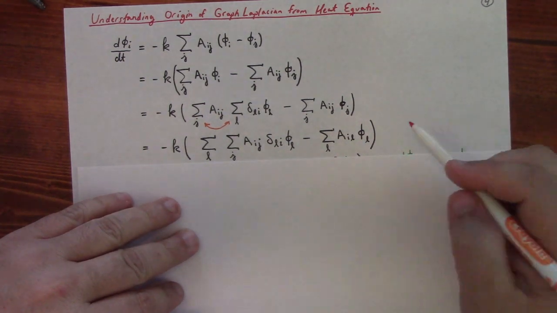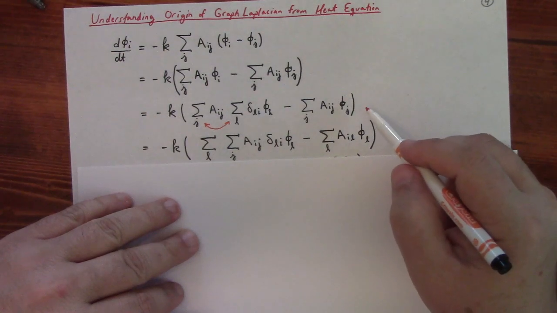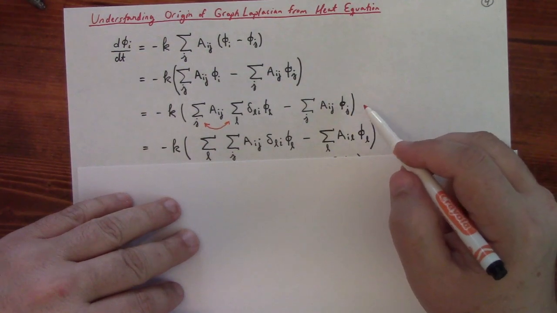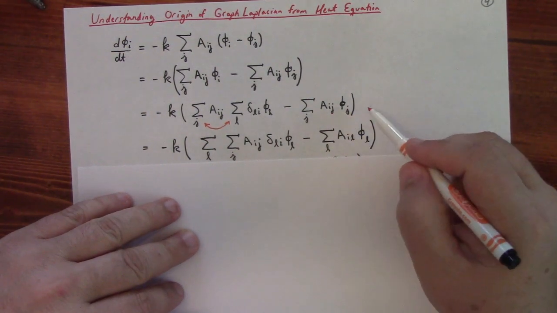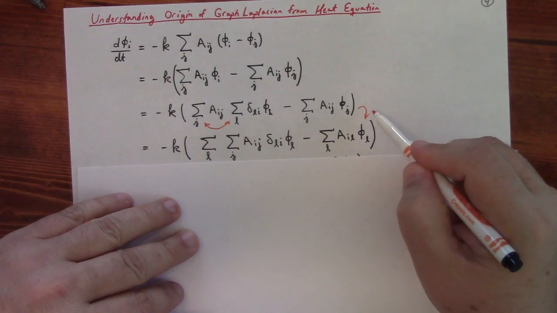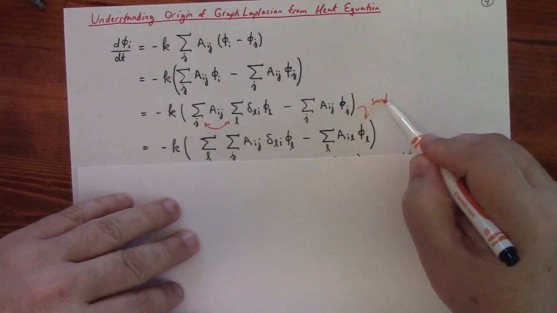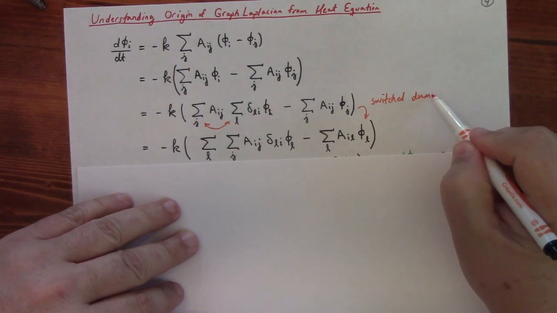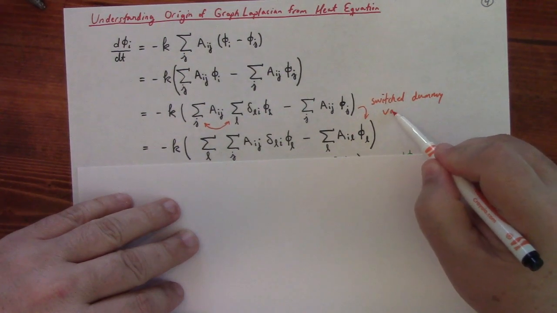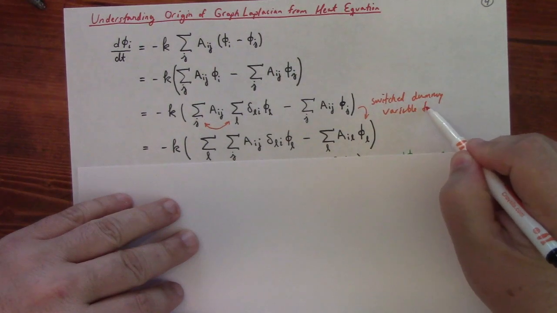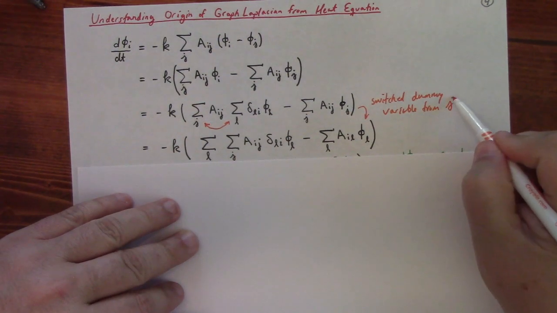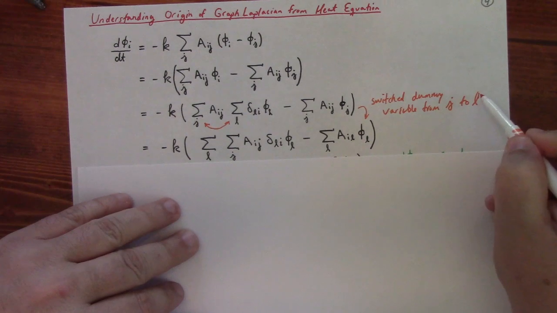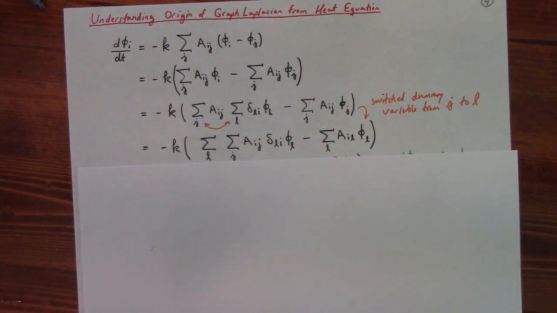If they're infinite sums, then you need some sort of analysis argument there, but not here. And then here, I'm just relabeling. I switched the dummy variable of summation from j to L. All right, so that's just relabeling the sum. That's not a big deal.